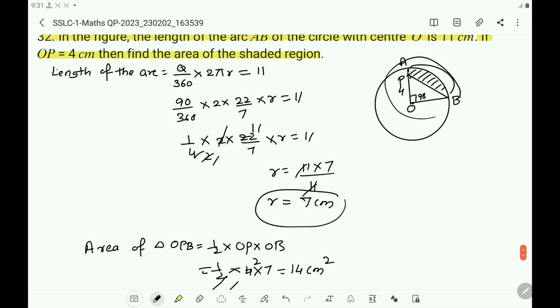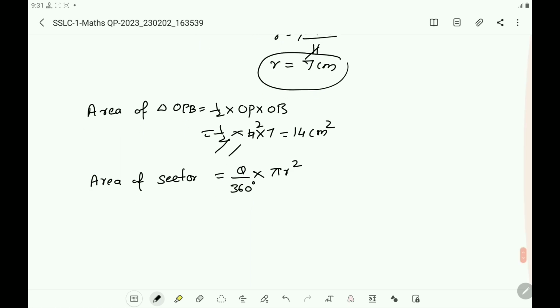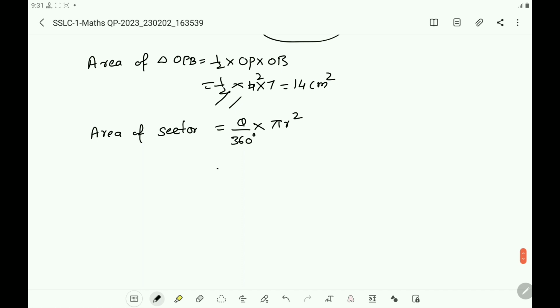Then you get the area of the sector. What is the formula for the area of the sector? Area of the sector equals theta by 360 into pi r square, where theta is 90 degree.